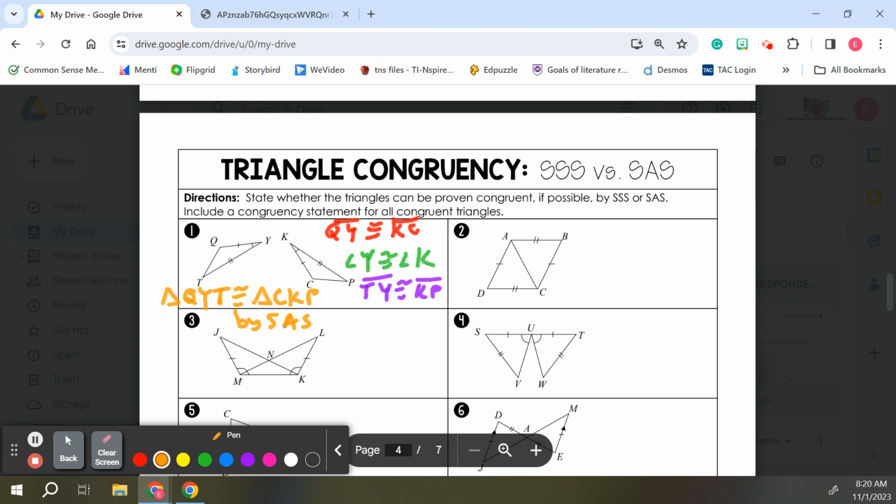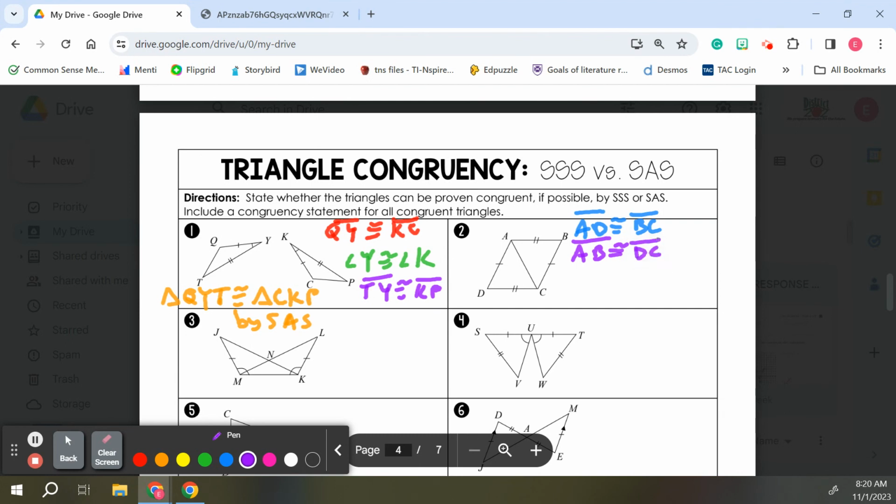All right, let's take a look at number 2. This is going to review some stuff for us that's on that sheet that I gave you today. Here we have AD is congruent to BC. We also have AB is congruent to DC.